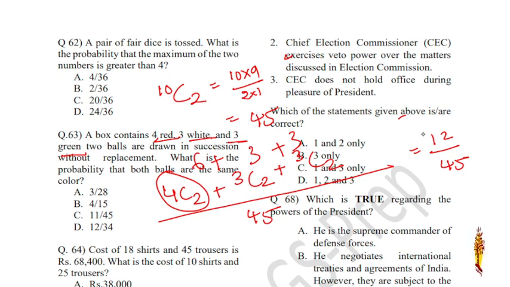If you divide this by 3, 3 4s are 12 and 3 15s are 45, so 4 by 15. Yes, option B, 4 by 15 is the right answer.